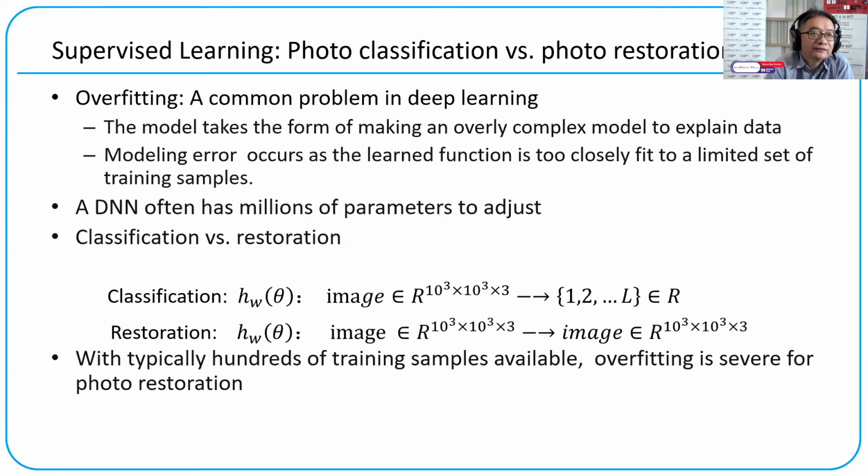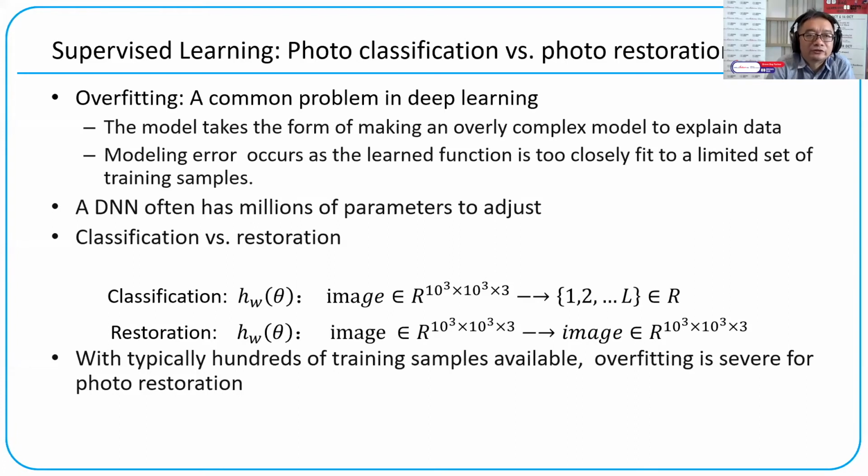If you look at the classification I'm talking about, you want to classify a pet image as a cat or a dog. Mathematically, you have images, which might be 1,000 times 1,000 times 3, mapped into labels, which can be either 1 or -1.